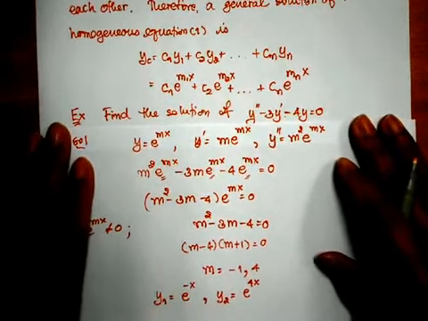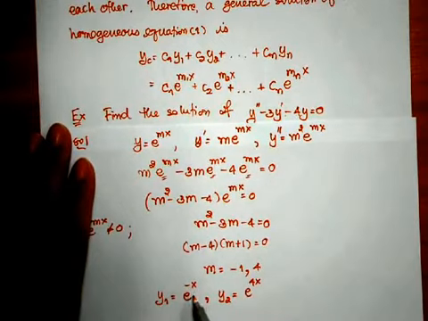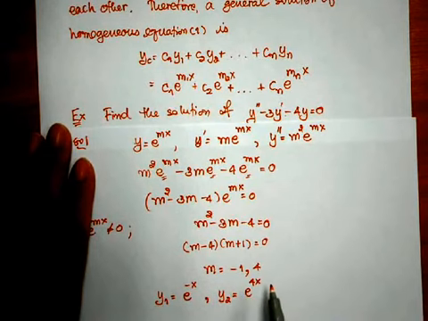And from case 1, if the roots of m are real and not repeated, the solutions of y that you get from those roots are linearly independent of each other.